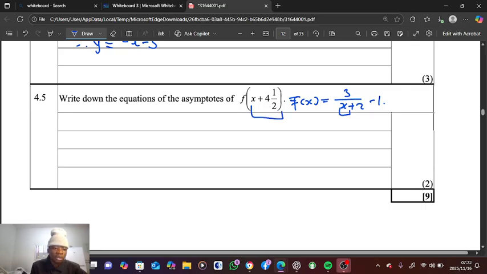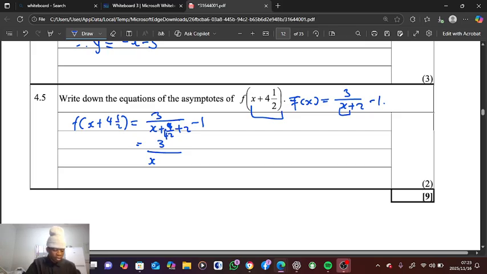So this is f(x + 4 1/2), which is the same as 3 over x + 4 1/2 + 2, minus 1. Sorry, this is a half, the mixed fraction of 4 and a half.